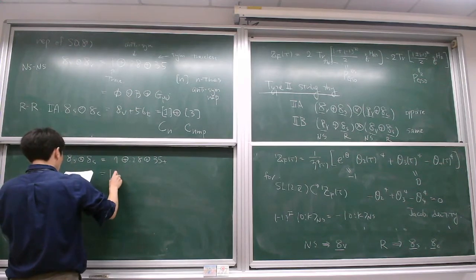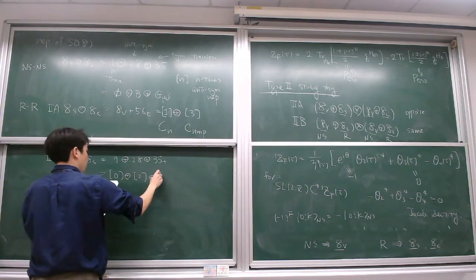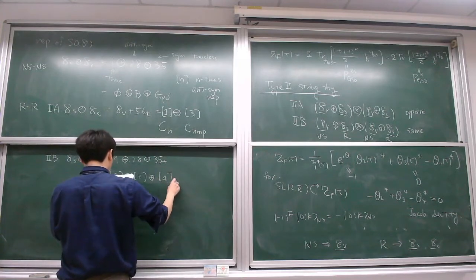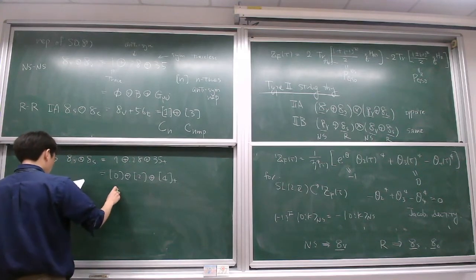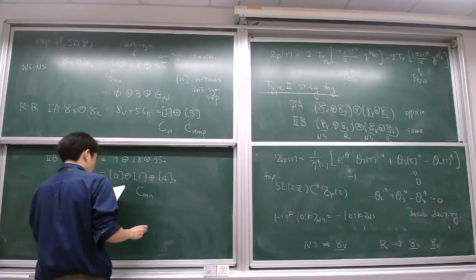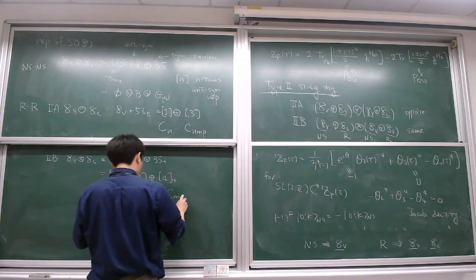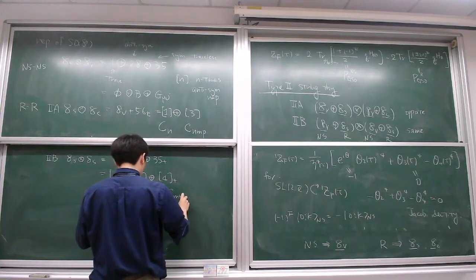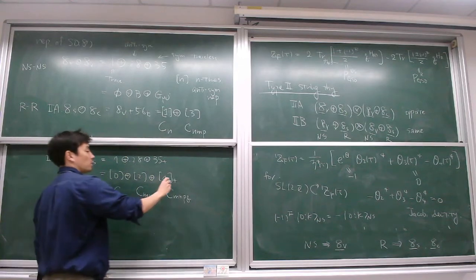This is 0 plus 2 plus 4 plus. So this is some scalar C, and the antisymmetric tensor. The second antisymmetric is the four-form, but this plus means self-dual.